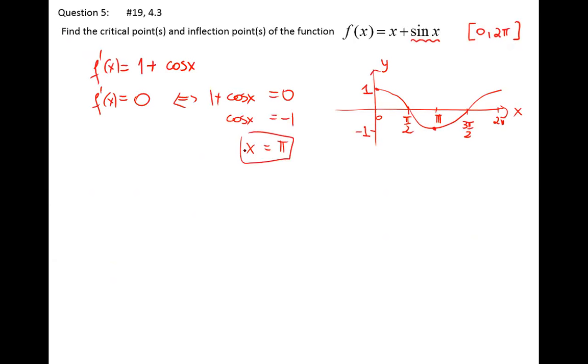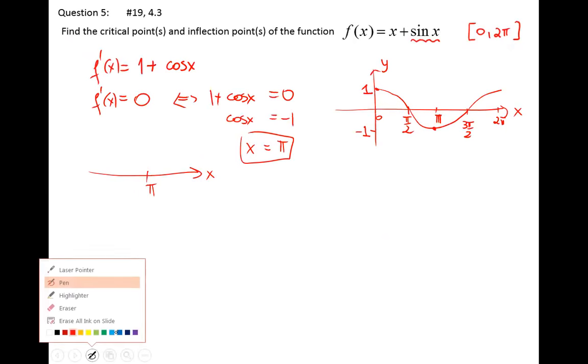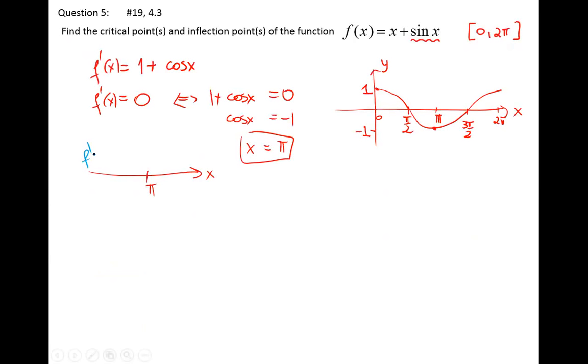Okay, pi is the critical point. I can put this on the number line and test the sign. This is a little bit of a challenge because of the trigonometry. But let's see. Pi is the only critical point.